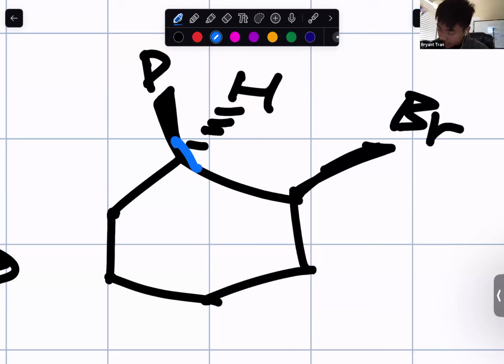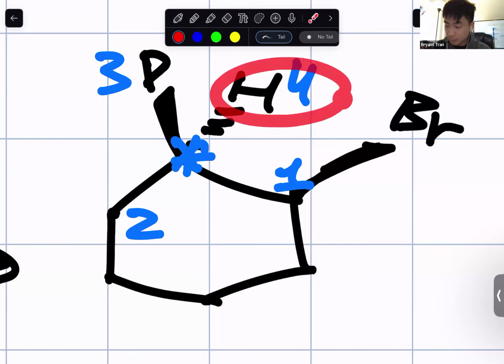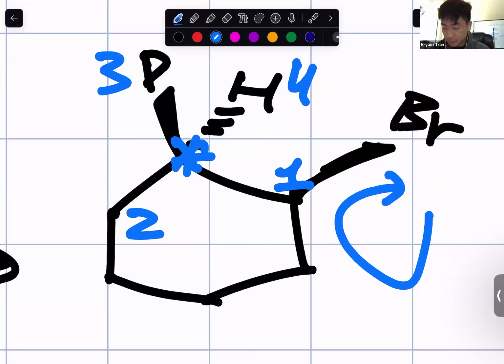And if we look at this chiral center here, this would be number one, number two, number three, number four. When we do that, the lowest priority group is still on the dash, so we can still do it regularly. One, two, three, four, R.